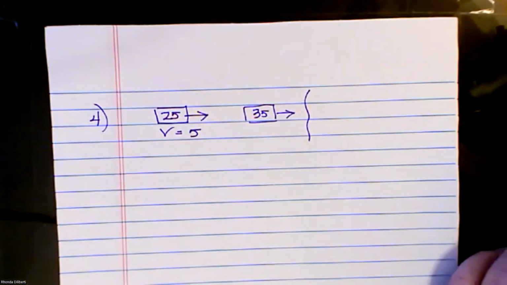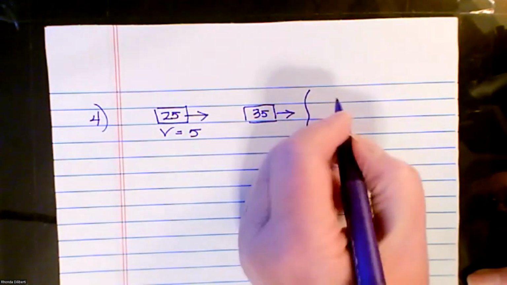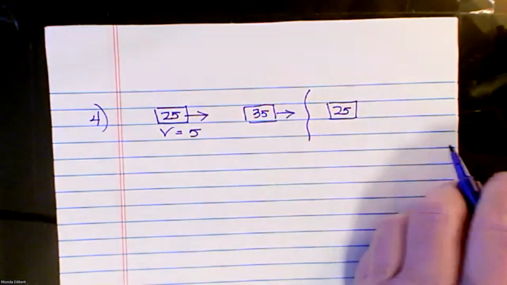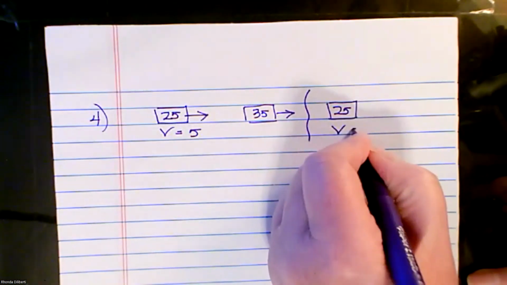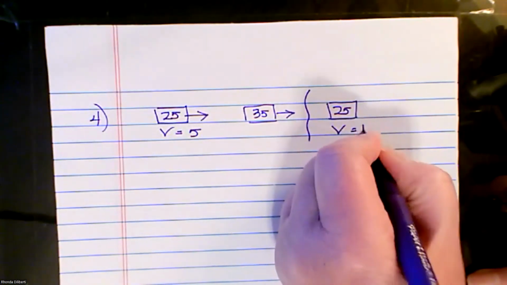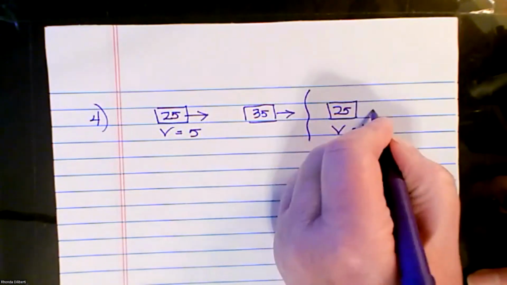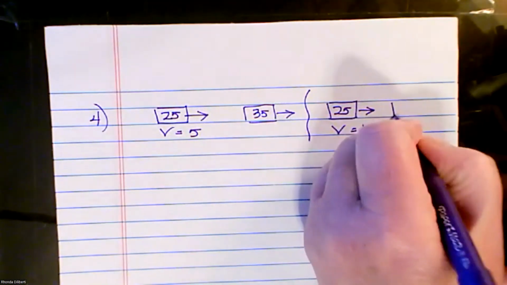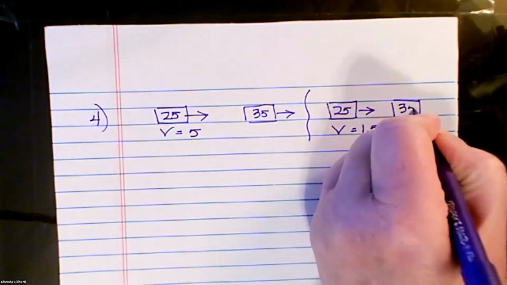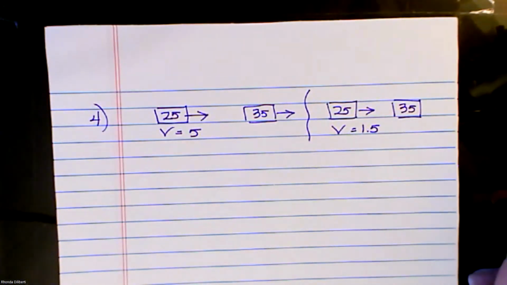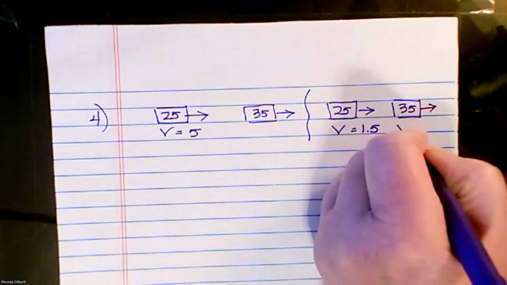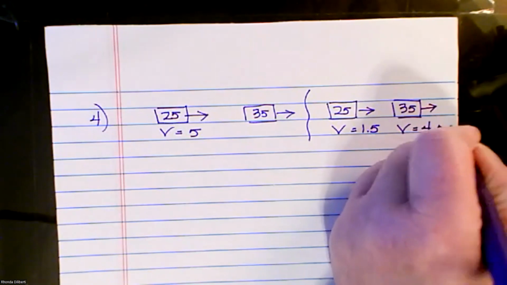After the collision, the 25 kilogram bumper car slows to a velocity of 1.5 meters per second to the right. And the 35 kilogram car moves at velocity 4.5 to the right.